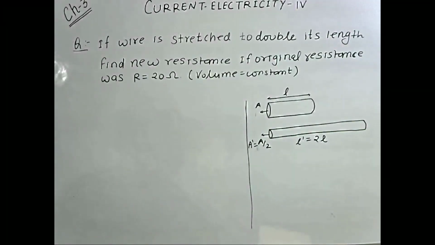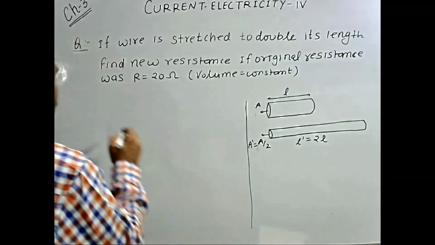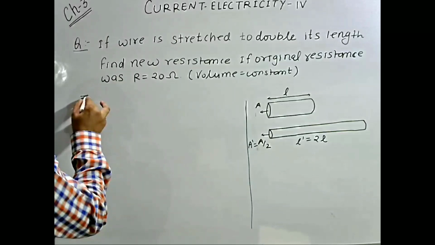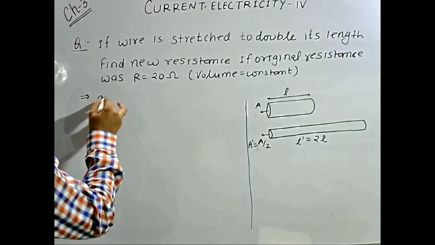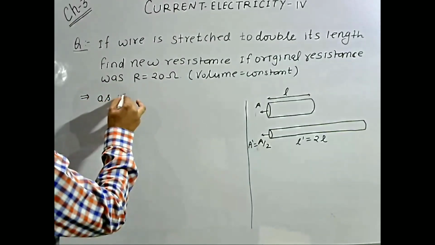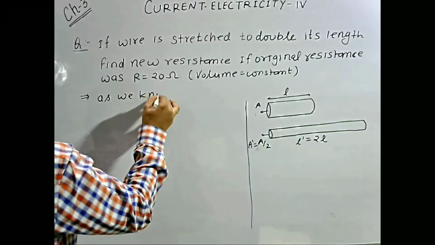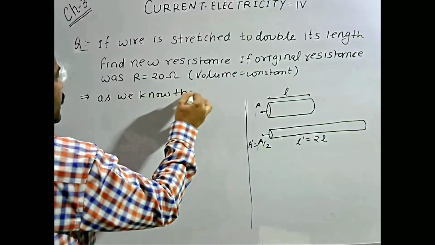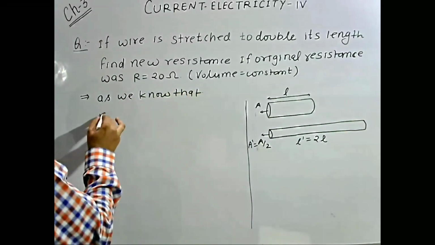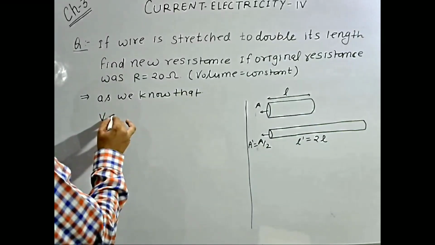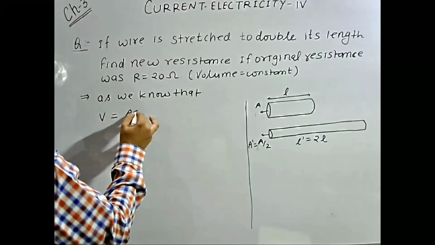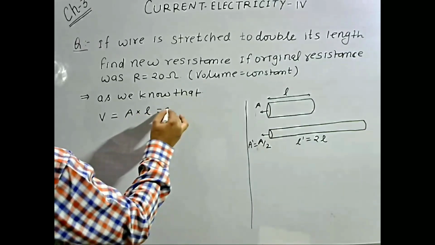This question can also be simplified by using a shortcut method, as we know that the volume of the conductor remains constant. Volume of the conductor remains constant means V equal to AL remains constant.